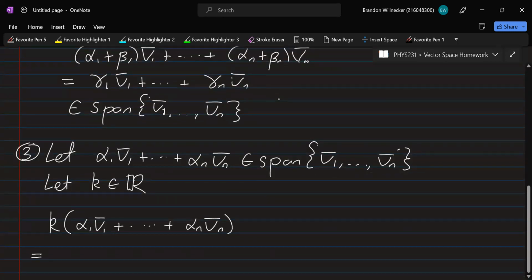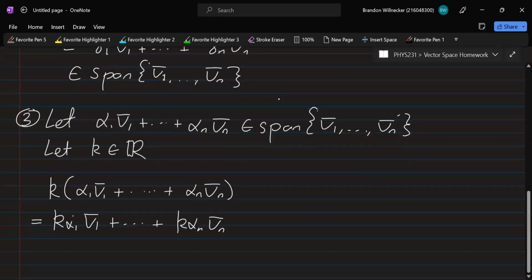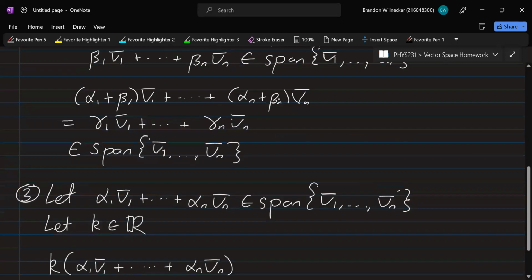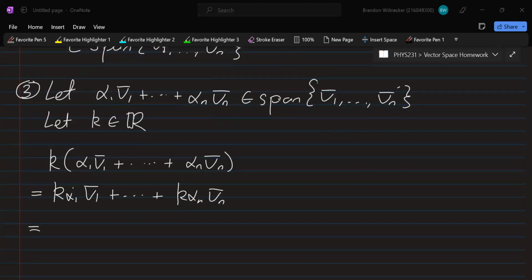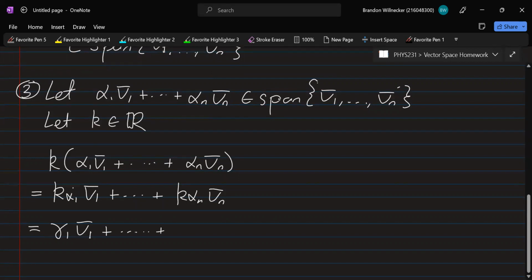But I can just distribute the k onto each coefficient. So this is going to be k alpha 1 v1 up to k alpha n vn. Okay, now the k times alpha 1 I can write as some gamma 1, different to the previous gamma 1, but running out of letters. So that's going to be gamma 1 v1 plus ..., and then k times alpha n, let's call that gamma n.